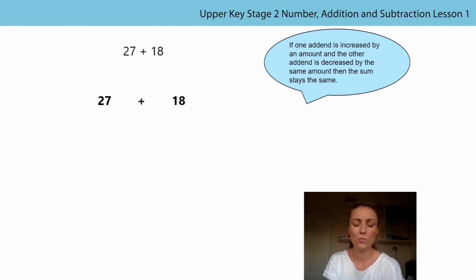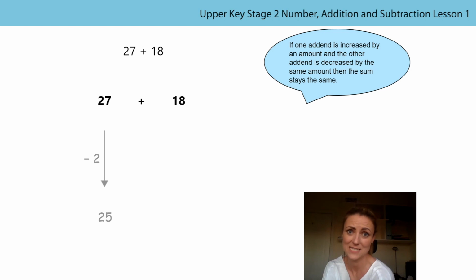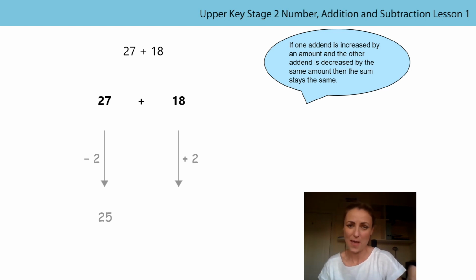And I want to find the most efficient way to find the sum, to find the total. And we've already talked about that. What I did was I decreased 27 by 2 because I wanted to increase 18 by 2 to redistribute that. So imagine me taking 2 sweets out of that bowl that had 27 in and just putting them into the bowl that had 18 sweets in.